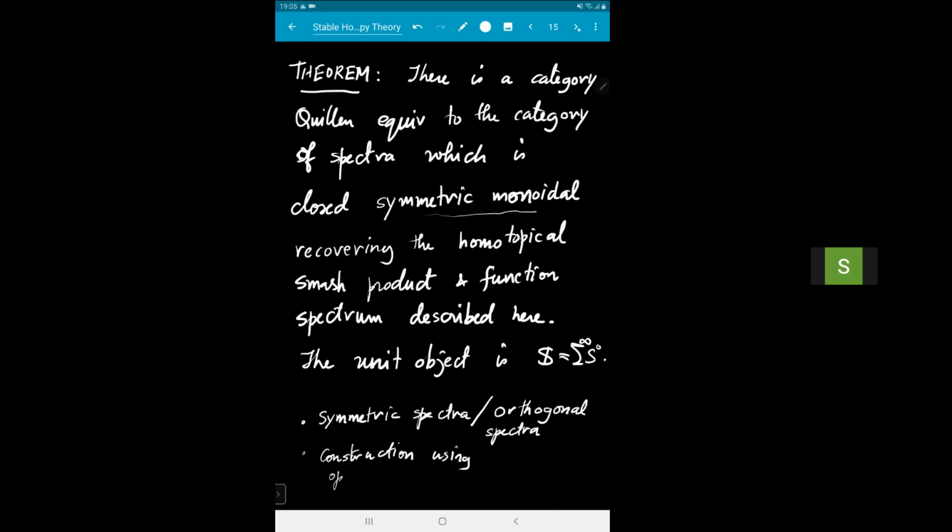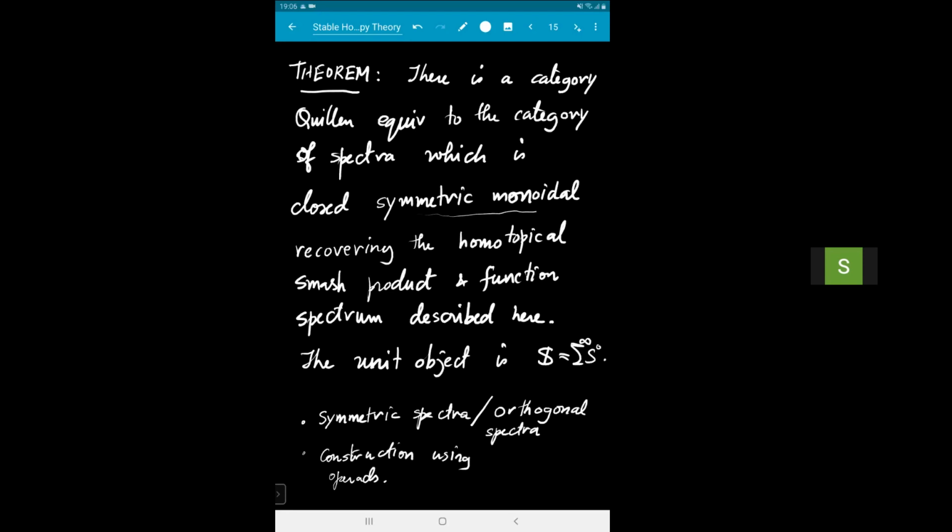The idea behind symmetric spectra or orthogonal spectra is that you define these X_n, instead of taking them to be based spaces, you take them to have a structure of the symmetric group, and using the symmetric group you can do the bookkeeping which is required to define the structure maps in the smash product. That's all I will say.